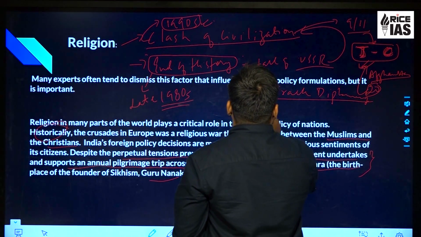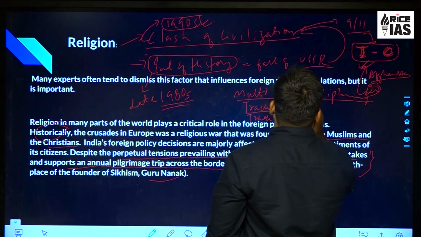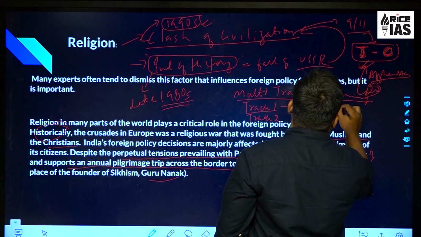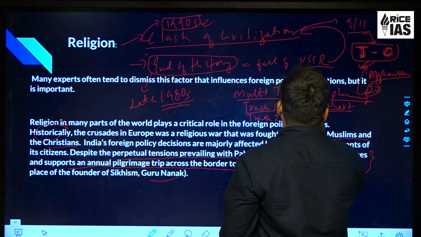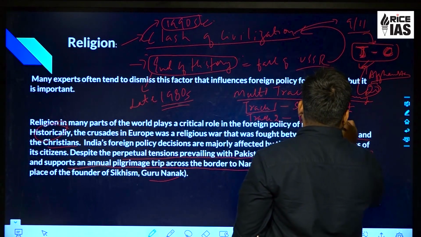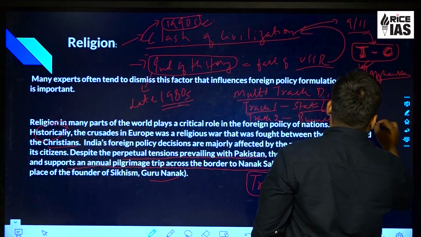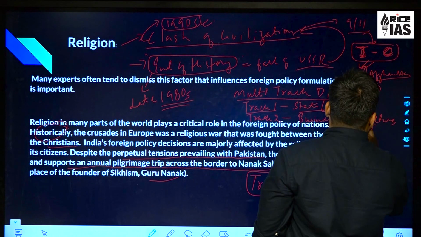Track 1 is led by the state, the government, the formal institutions. Track 2 is led by businessmen, cultural organizations, people to people contact.